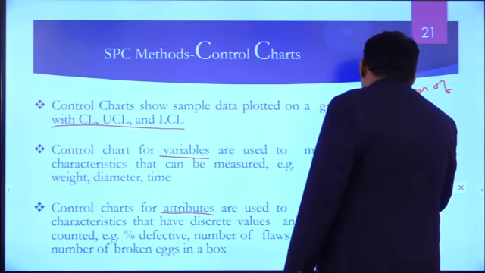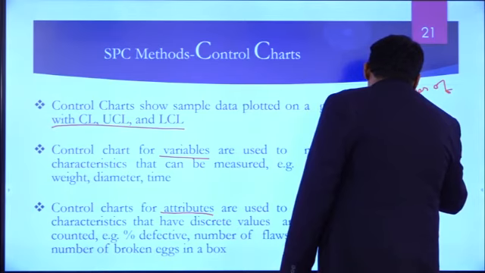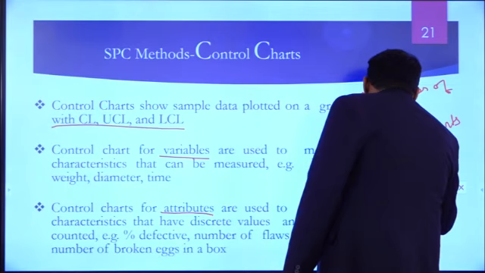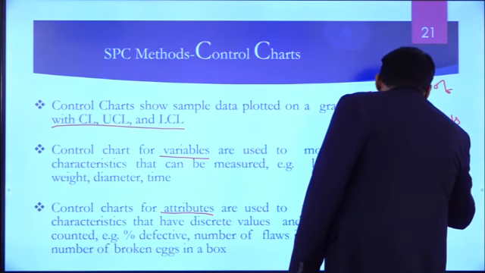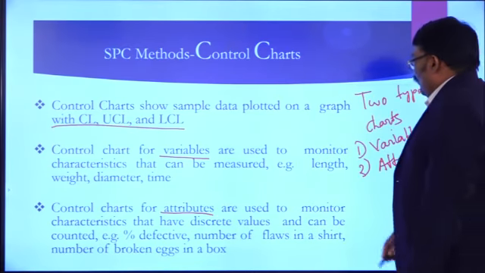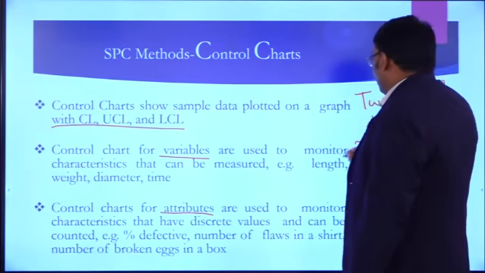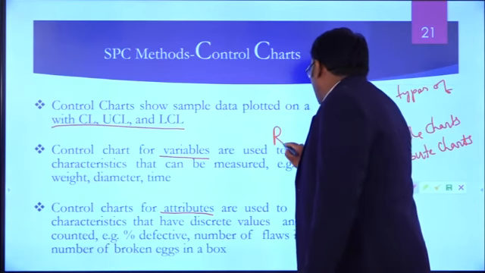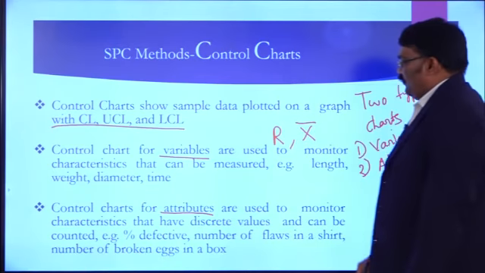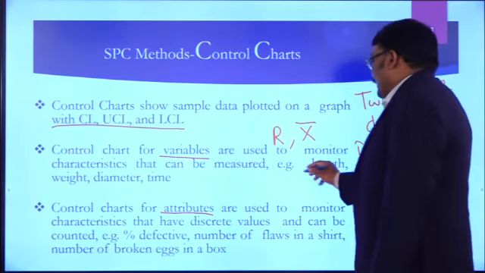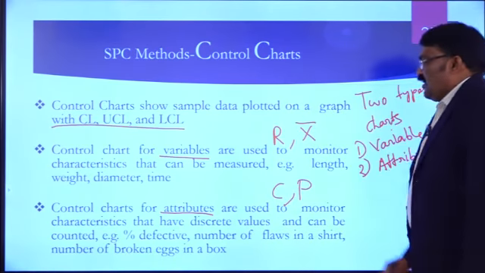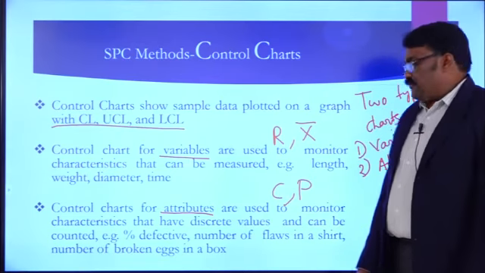Under the variable chart, we have the R chart and X bar chart, and under the attribute chart, we have the C chart and P chart.